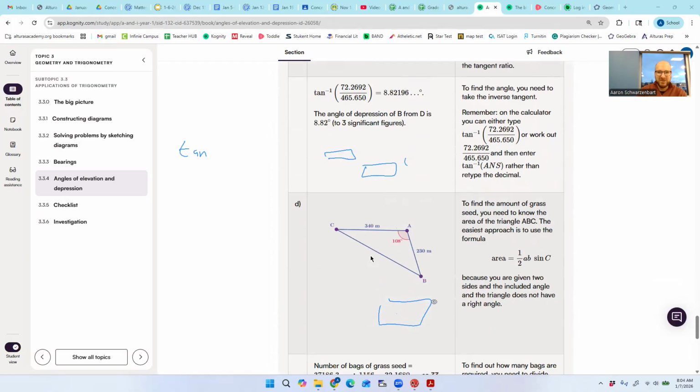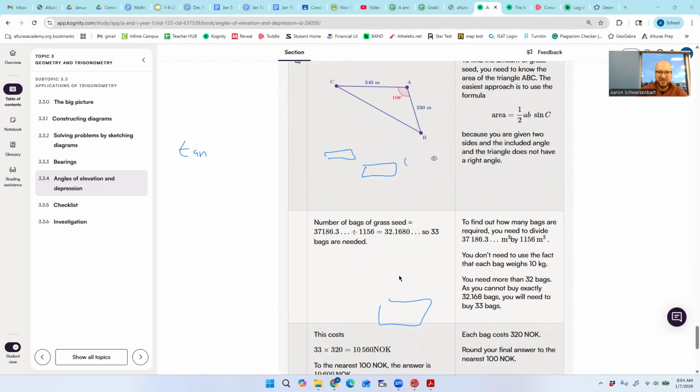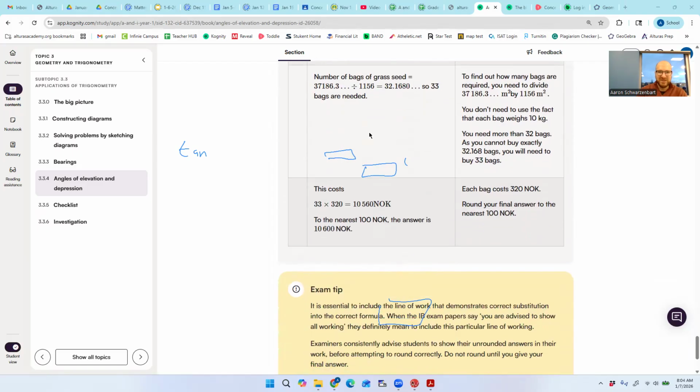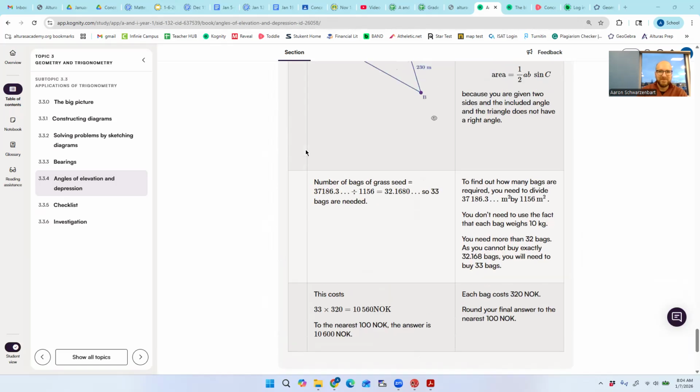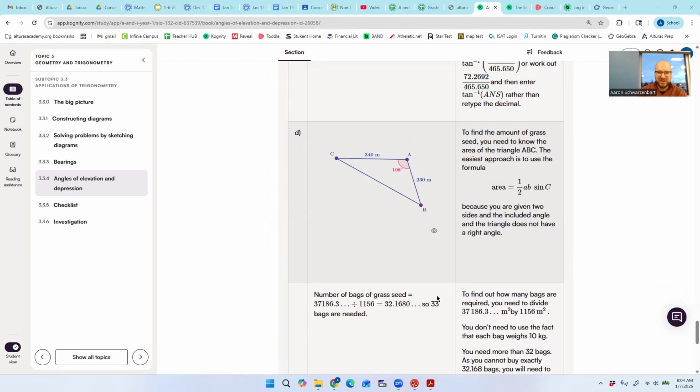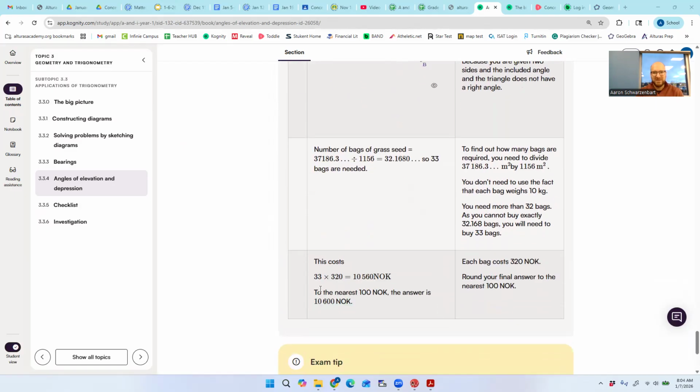So you calculate the total area, which you can do with 1/2 AB sine C. I calculate the area and get this much area divided by the area each bag covers. So you need 33 bags.